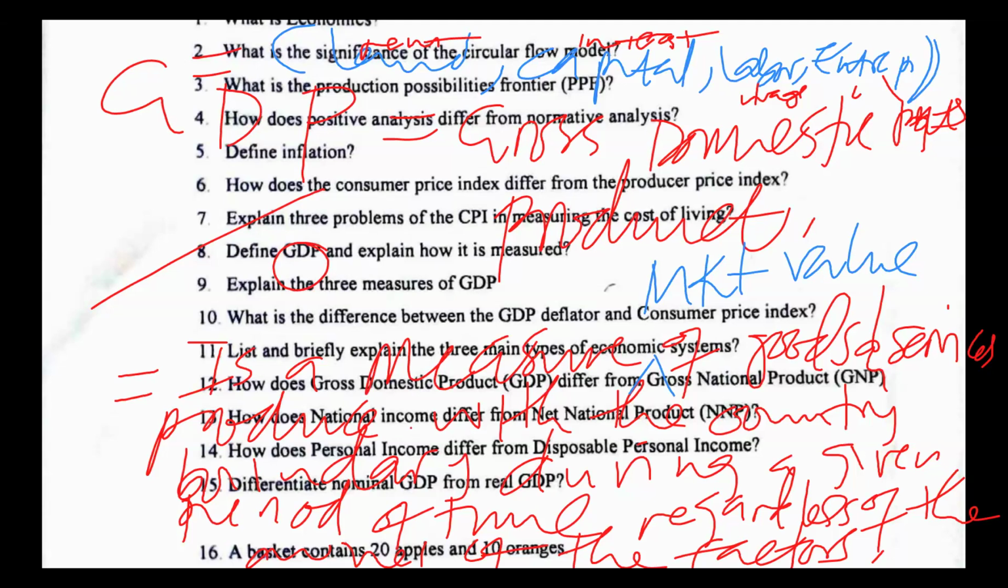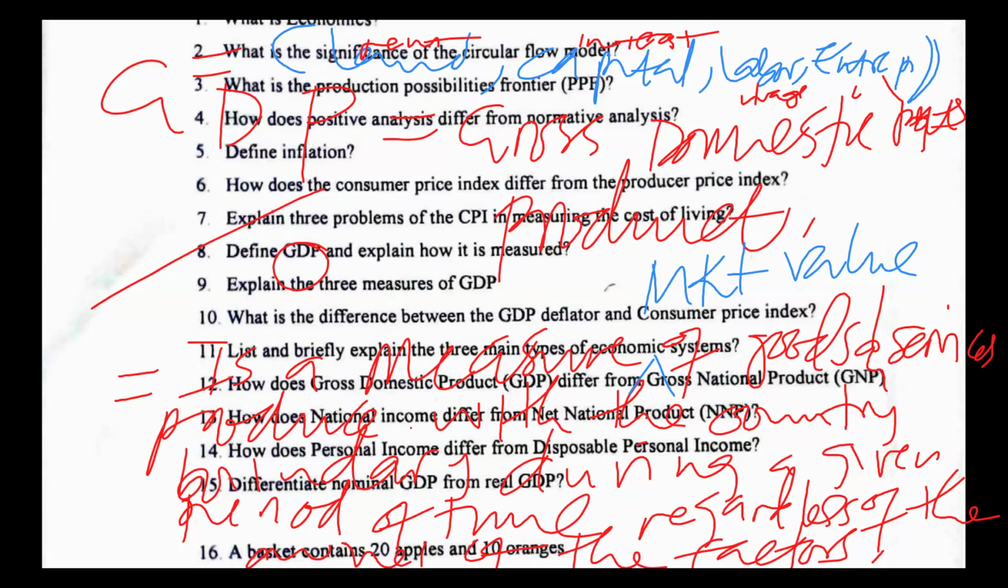You need to understand that. The message here is that the production takes place within the country boundaries. So we care about where the production is taking place, not really who owns the factors of production during that production process. Okay, that is what GDP is.